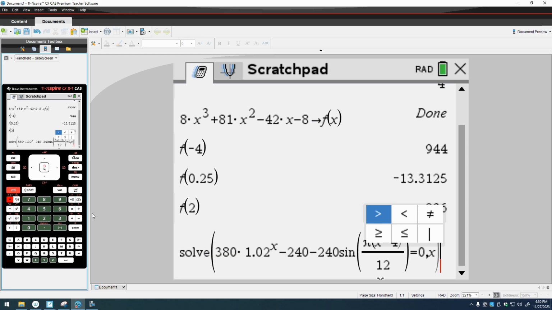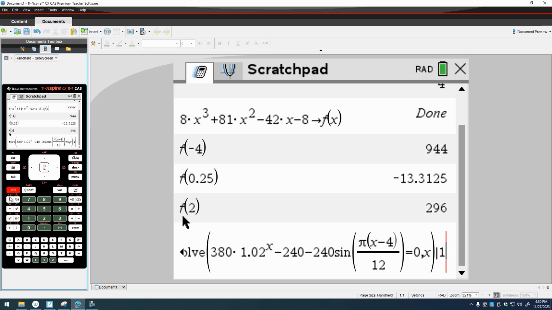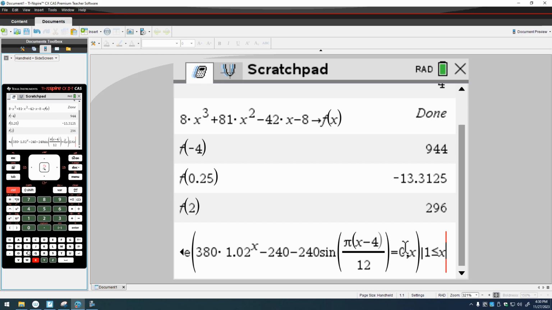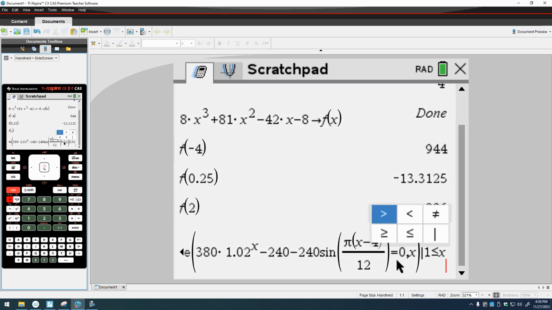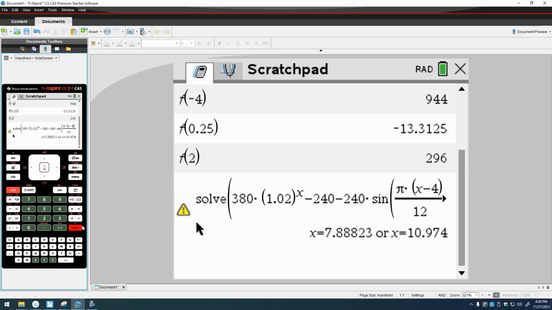So I want to go from 1 to 11. So I have my equation typed in, minus 240 sine, just double checking I have everything before I hit equals 0, comma x, go from 1 to 11, hit enter, and I get two values.